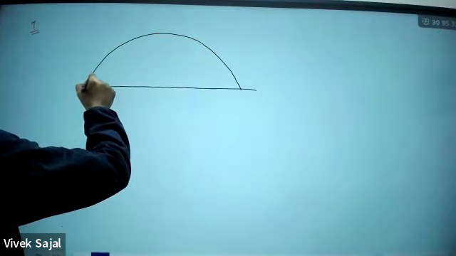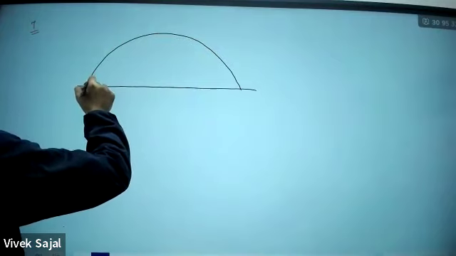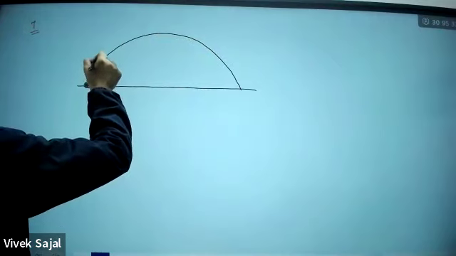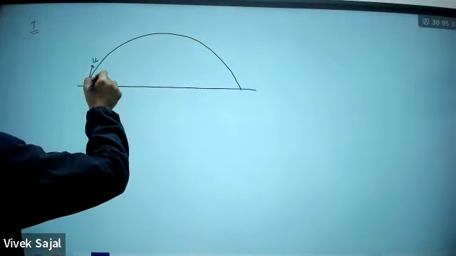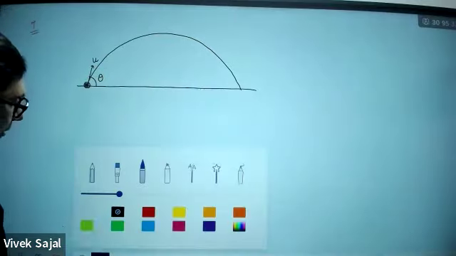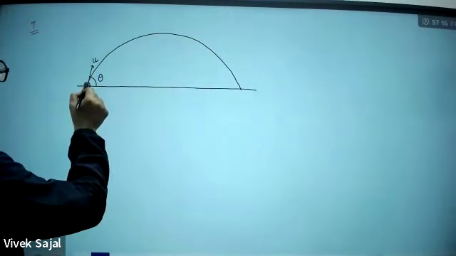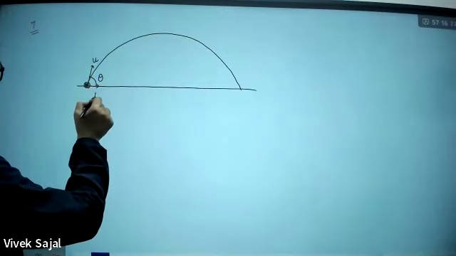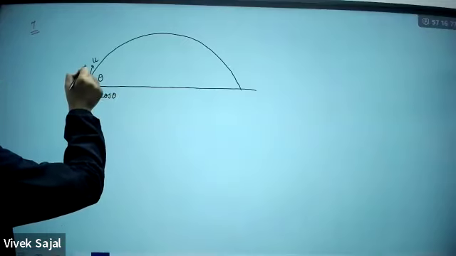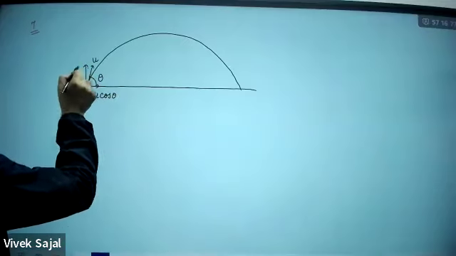Here you have a projectile, and you are launching it at a velocity u at angle theta. This u can be resolved into two parts: u cos theta, the horizontal component, and u sin theta, the vertical component.